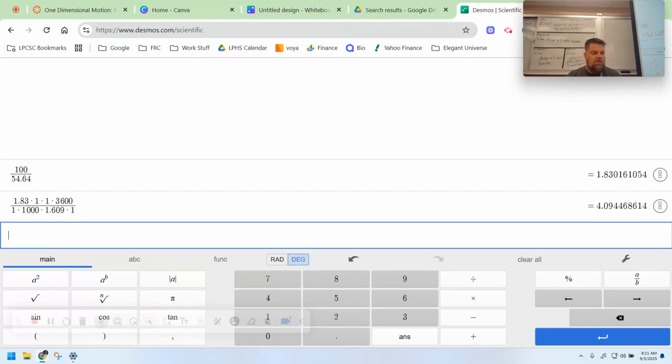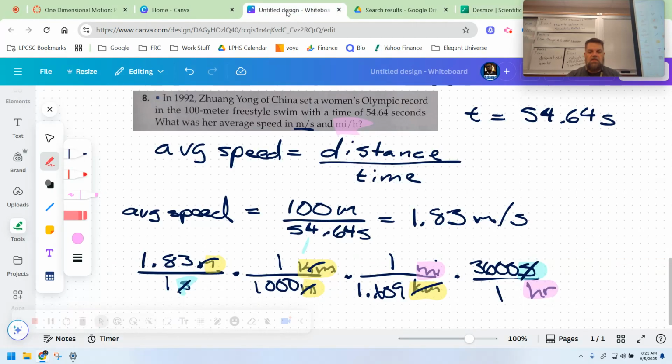So again, it's multiple choice. If you round that to the second decimal place, it's 4.09. So this would be approximately 4.09 miles per hour.